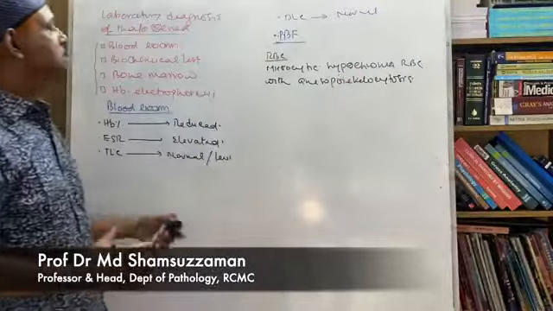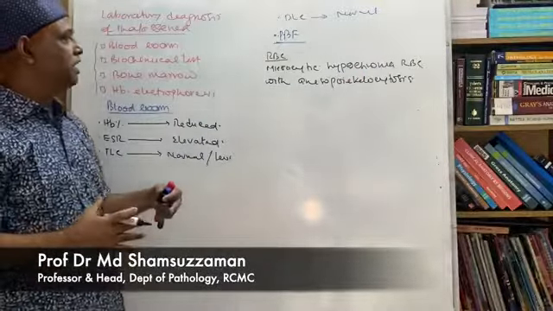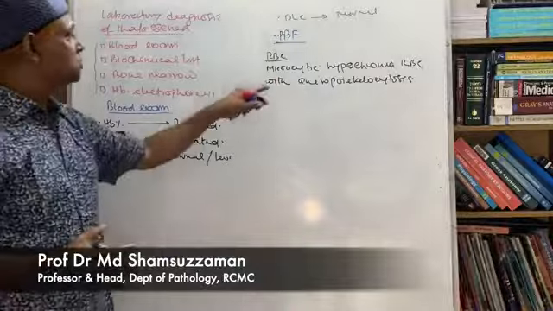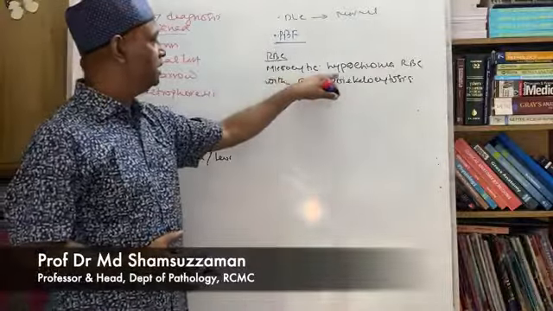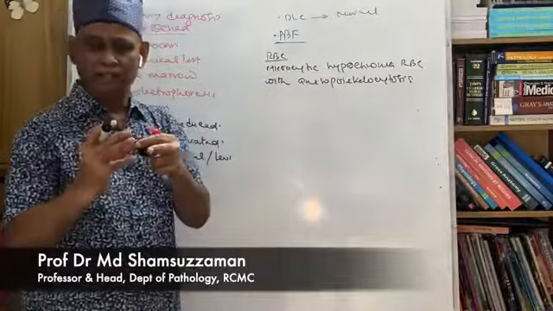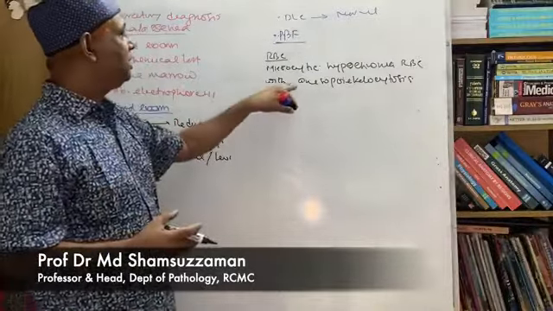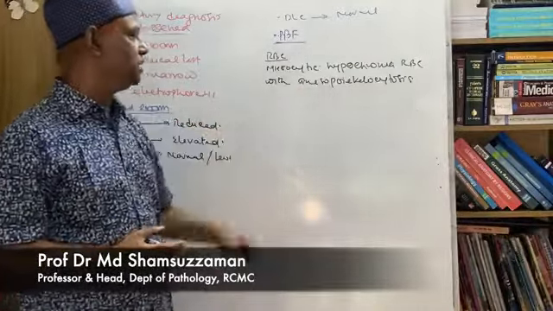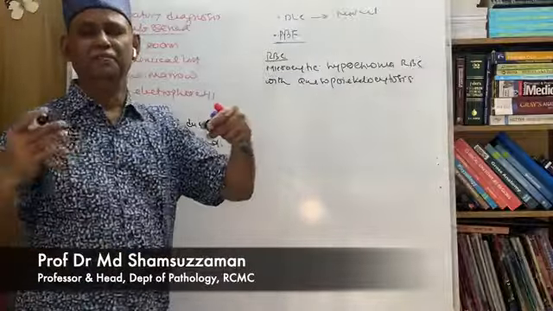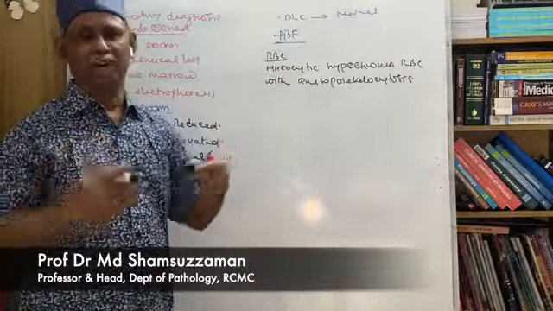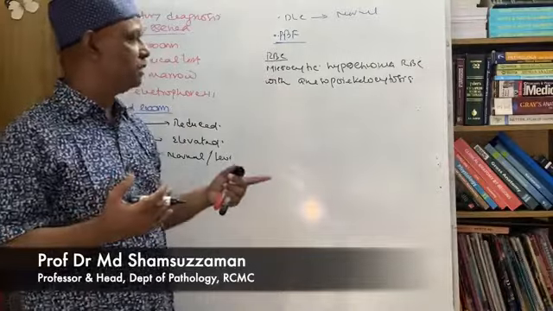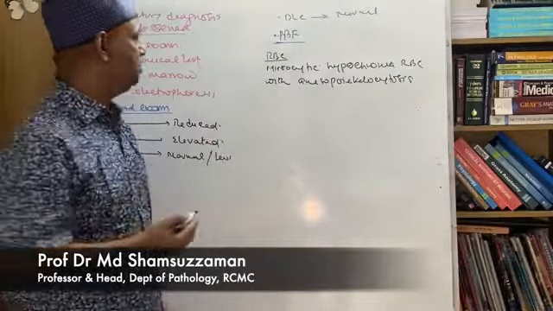So morphologically it is microcytic hypochromic anemia. The RBCs are reduced in size, there is reduction in hemoglobin within the RBC, and there will be anisopoikilocytosis. What does it mean? There are different shapes of RBC. Different shapes of RBC you will get in thalassemia.